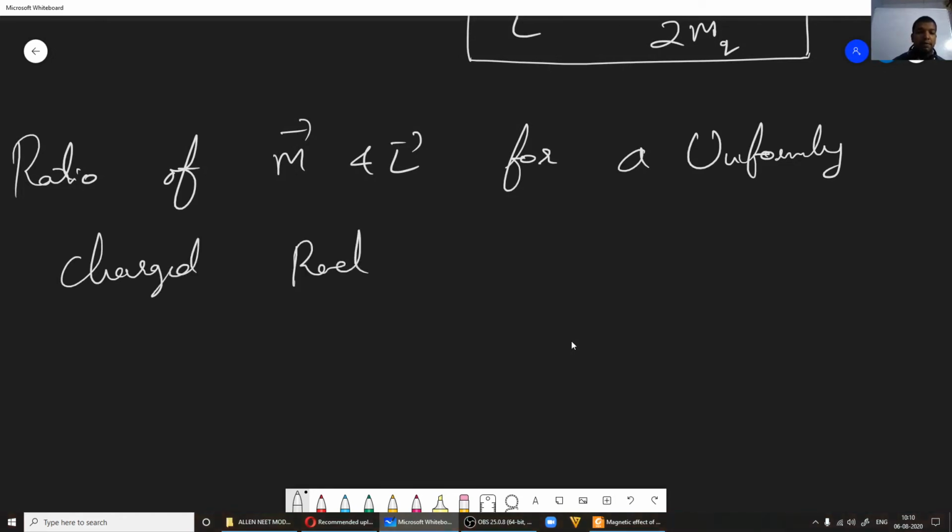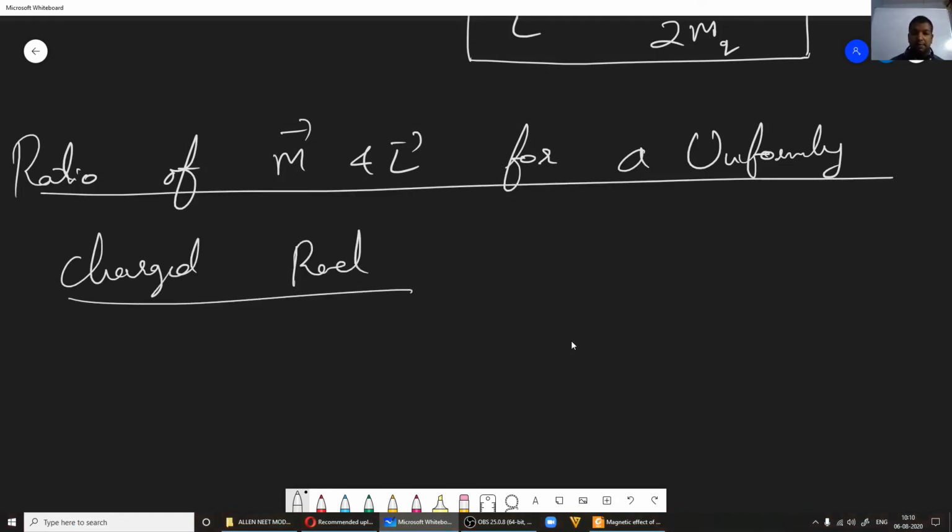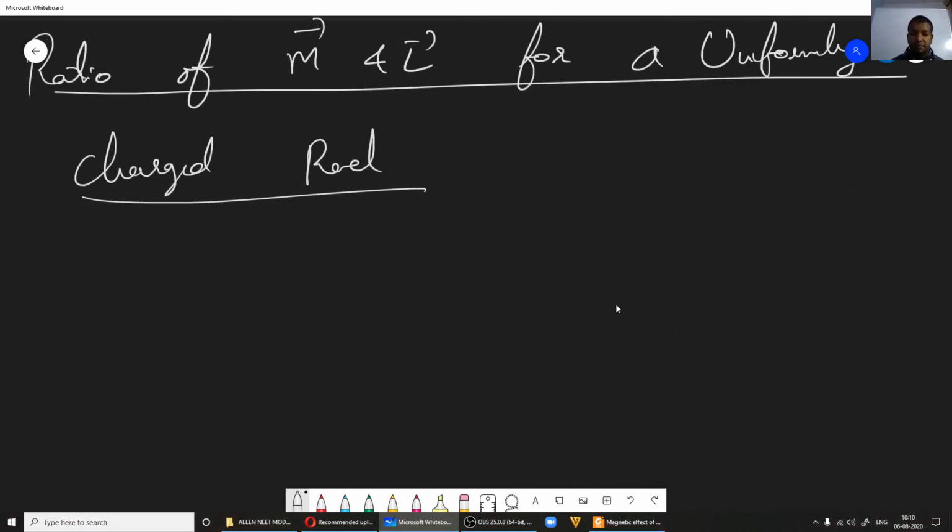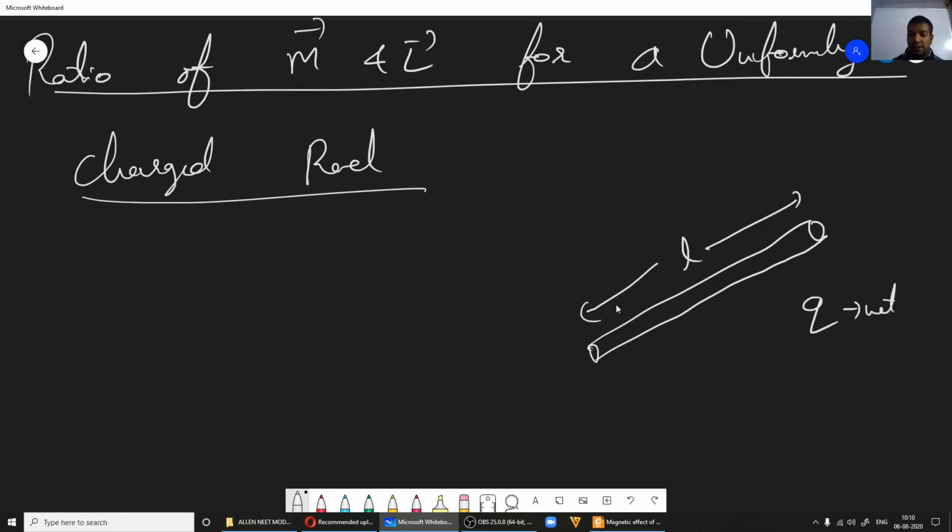Now what we can do here is say this is the charged rod which is uniformly charged. Now call its length L, and Q is the net charge.